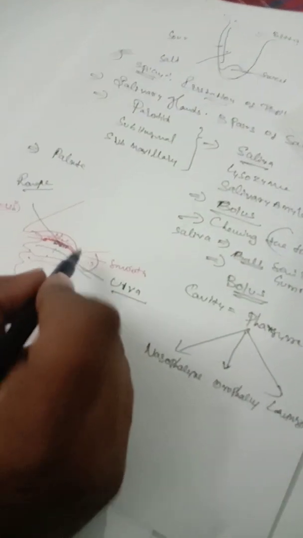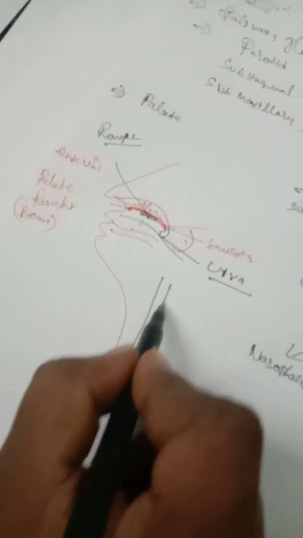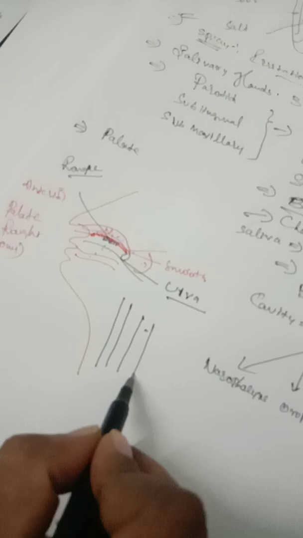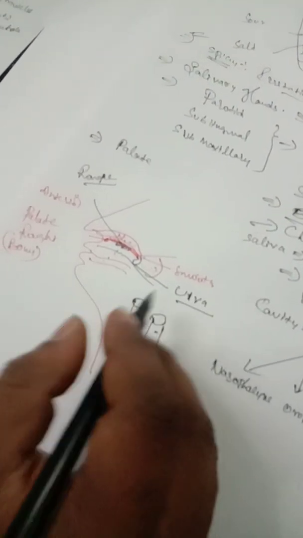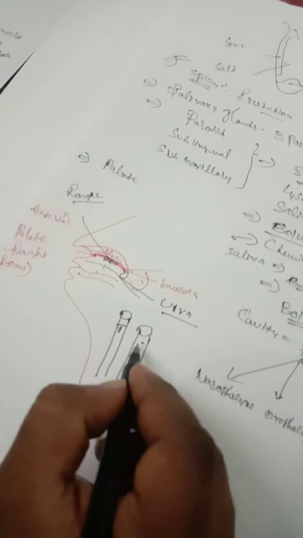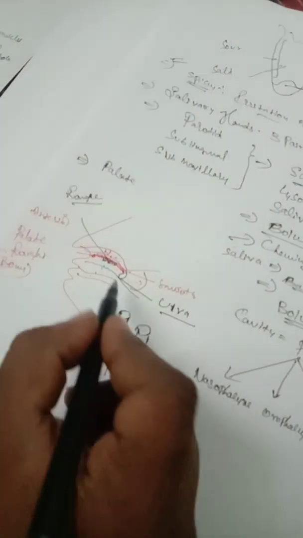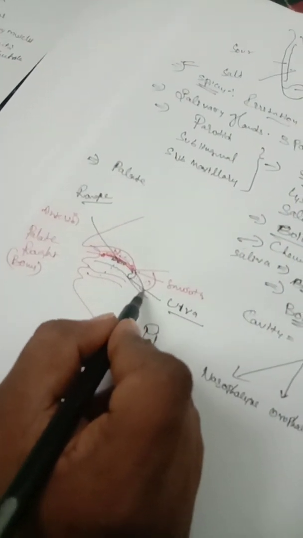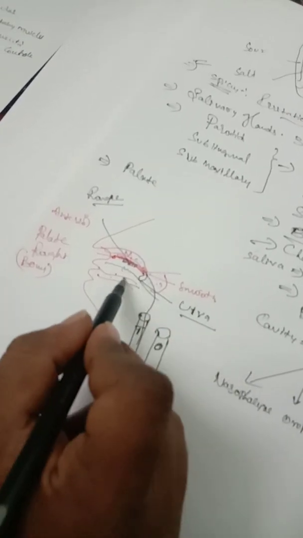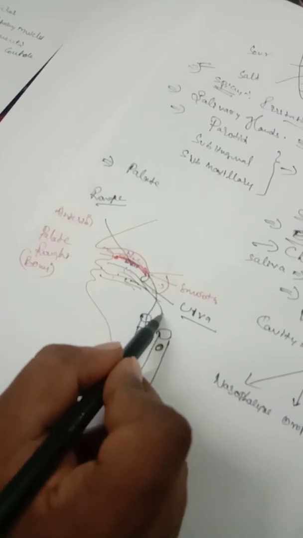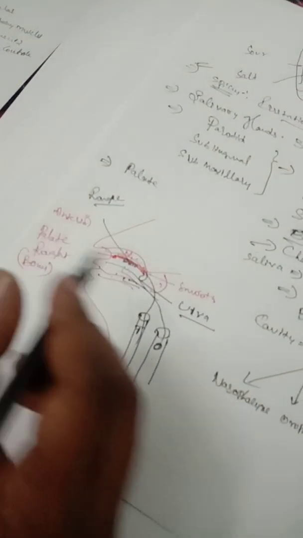And there are two tubes, the trachea and the esophagus. Air comes from the nose to the trachea, and food comes from the oral cavity to the esophagus.